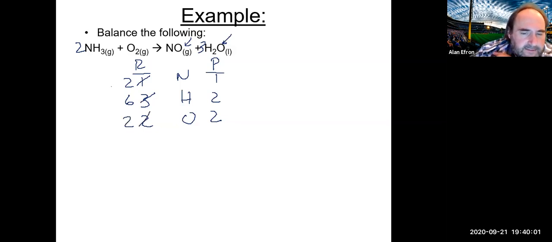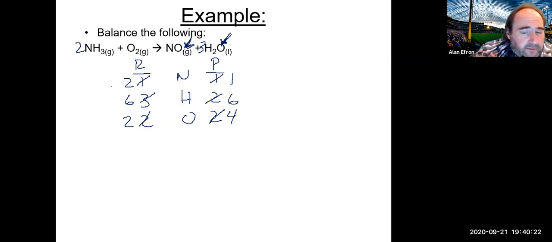On the right-hand side, we have 1 nitrogen still. Hydrogen is 3 times 2, which is 6. And oxygens, we have 1 still here and 3 on this side, which gives us 4. We fixed hydrogen, messed up everything else, which is very common.